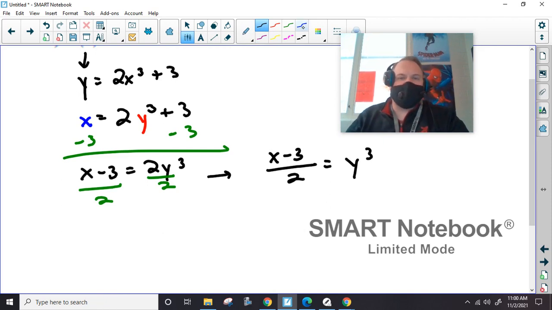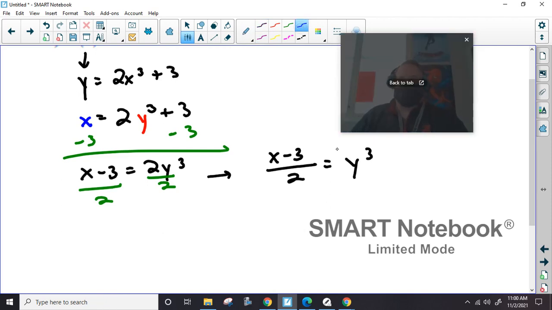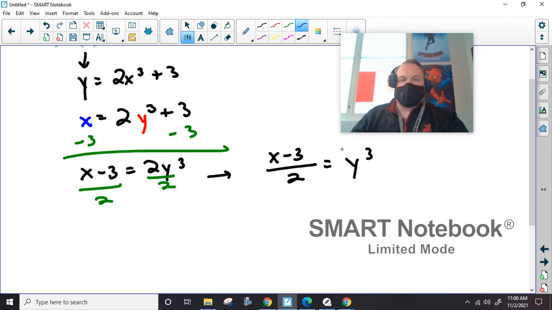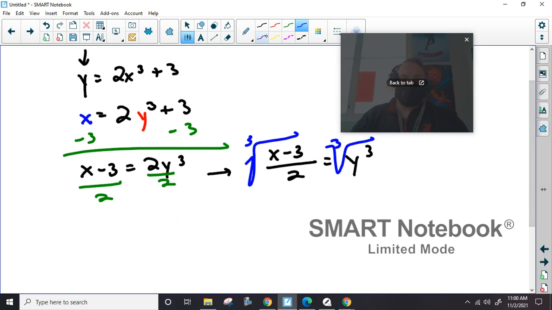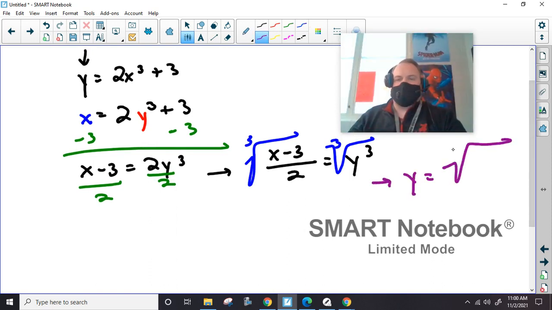Now, then we have to take the cube root. All right, so this final answer is y equals the cube root of x minus 3 over 2.